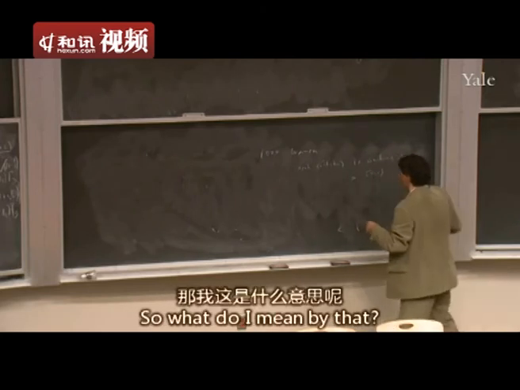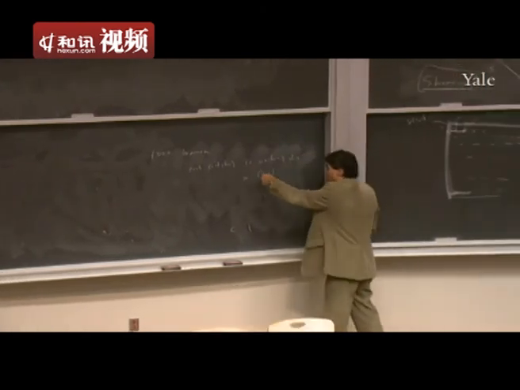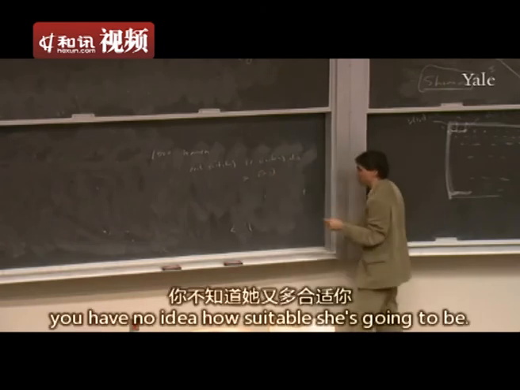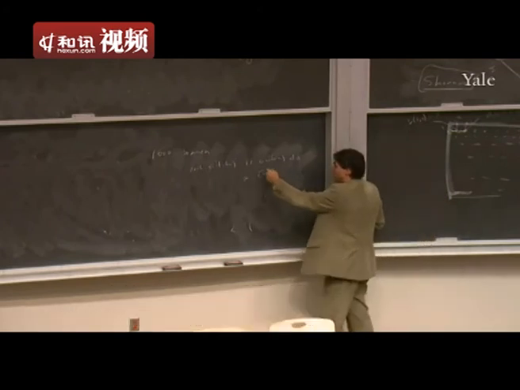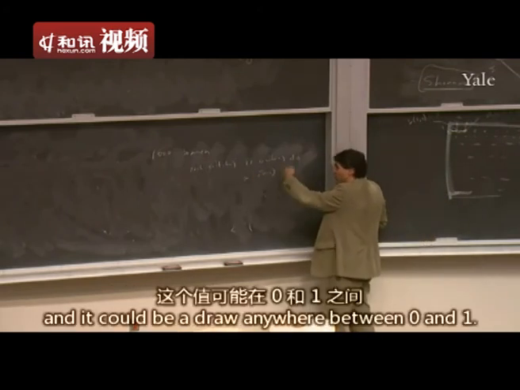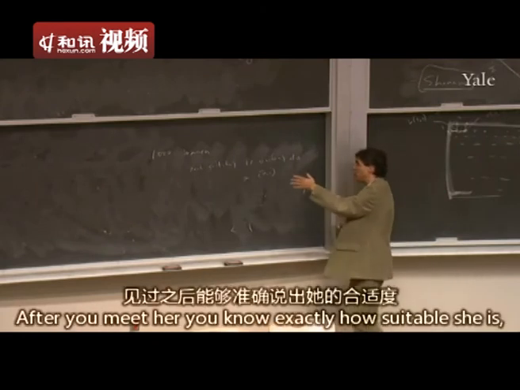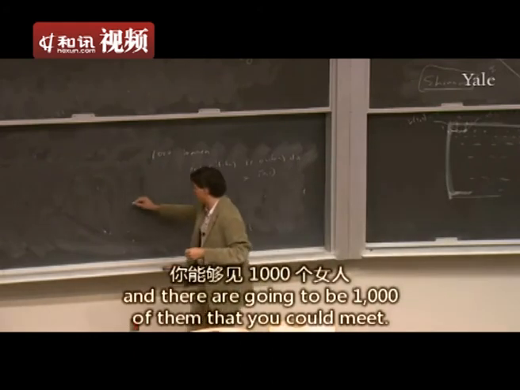What do I mean by that? You meet her, you talk to her, you get to know her, and then you just draw. Before you met her, you have no idea how suitable she's going to be. After you've talked to her, you understand how suitable. The best is 1, the worst is 0, and it could be a draw anywhere between 0 and 1. And there are going to be 1,000 of them that you're going to meet.